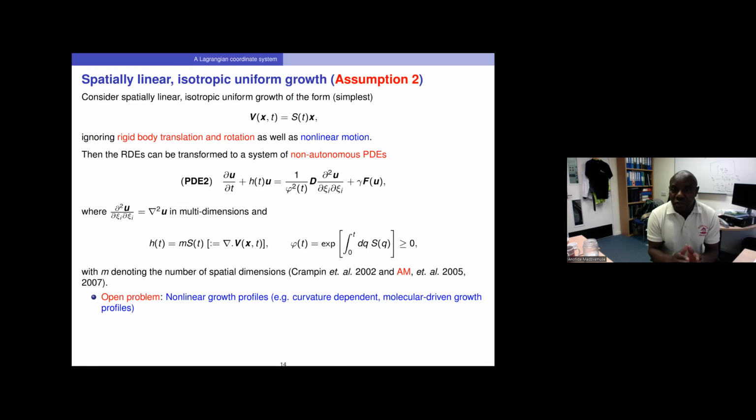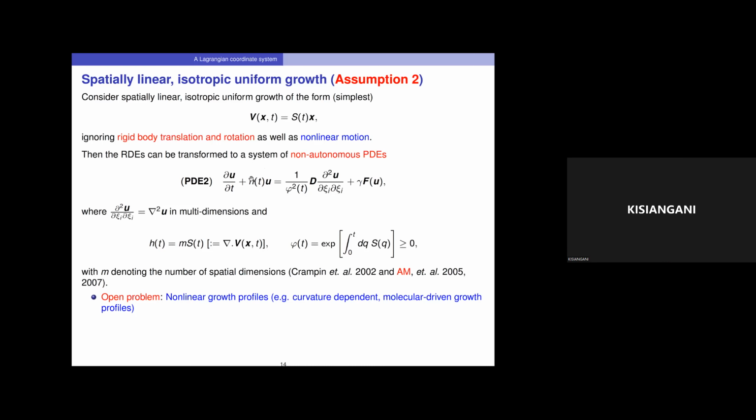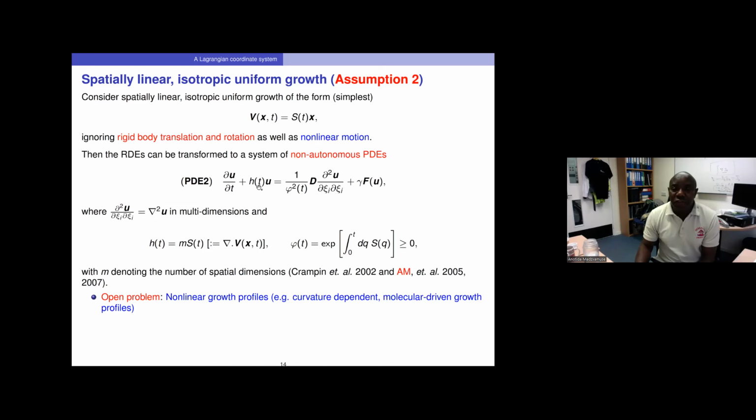I'm just going to assume the simplest form, in that my flow velocity is related to, think of a balloon, you're blowing the balloon with air, and the rate at which you're blowing that is S of t, and the x is changing as you evolve. So if I do that, I can map now my PDE. I have given you a PDE now posed on omega naught with time-dependent coefficients, h of t here and phi of t. The rest of them are as before.